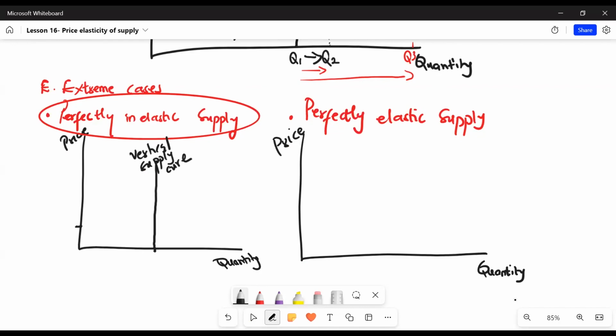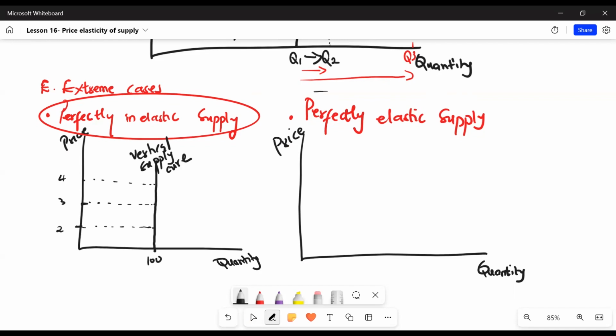So if price were 2, quantity supplied is, say, 100, and price increased to 3, quantity supplied remains the same. If price increased to 4, quantity supplied remains the same. So when you calculate your price elasticity of supply, it is equal to 0.